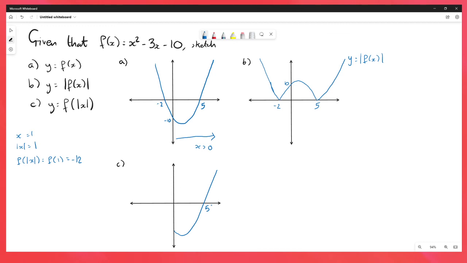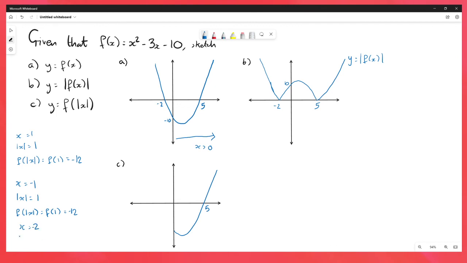It's when x is a minus number that things get a little bit difficult. Let's look, for example, when x is minus 1. Well, modulus of x is 1. So f of the modulus of x is going to be the same as f of 1, which is minus 12. Well, hang on a minute.